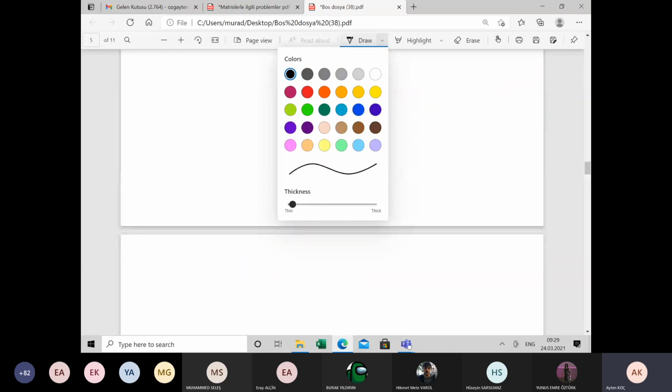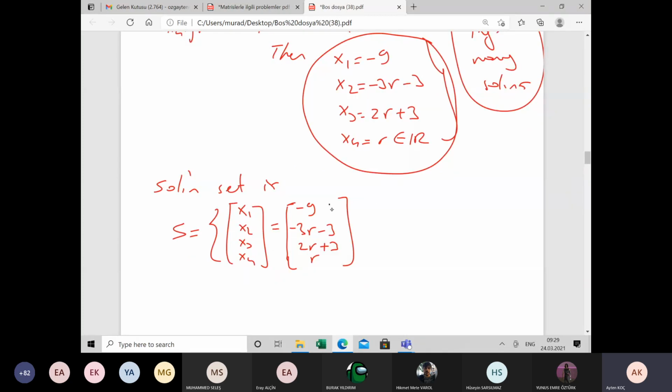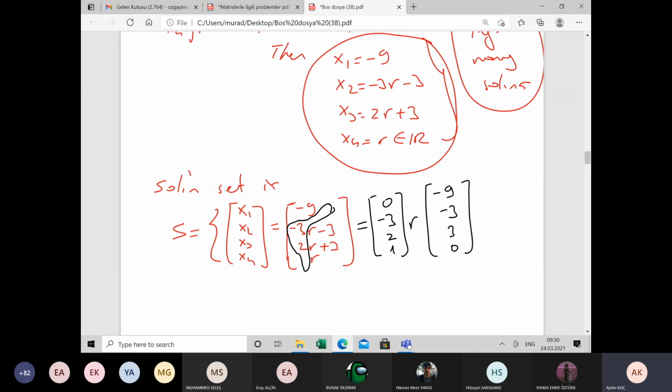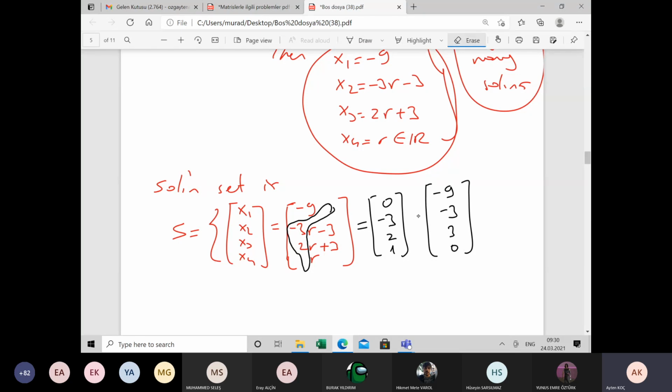For x1 there is no r, so 0. Then minus 3, 2, 1, times r. But that's not enough because of the constant terms: minus 9, minus 3, 3, 0. Plus r, such that r is any real number.